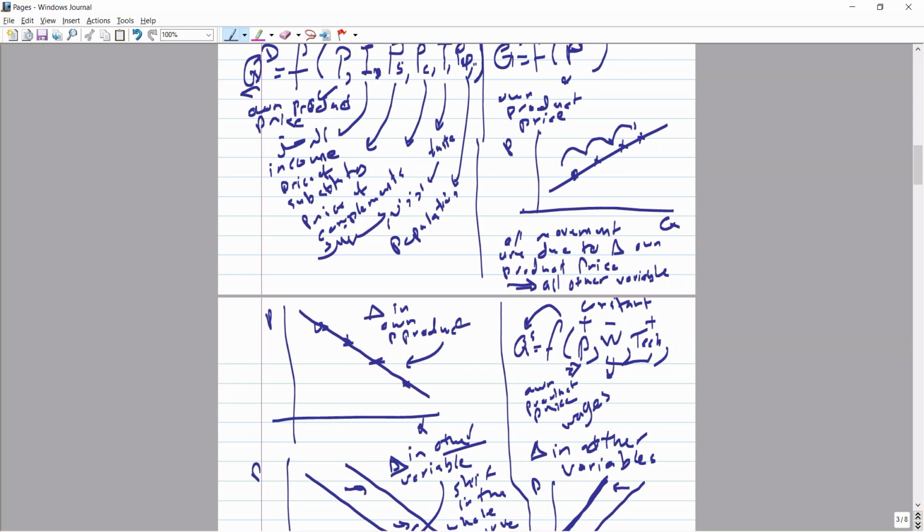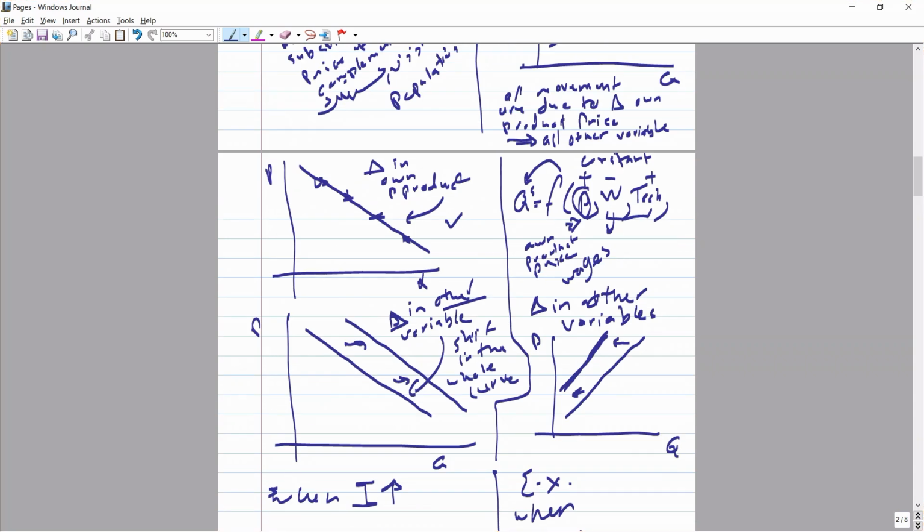So again, before we said that if only price changes, this means that we are moving from one point to another on the same curve. This is also true on the supply side: when only the price of the product changes, then we are moving on the same curve.